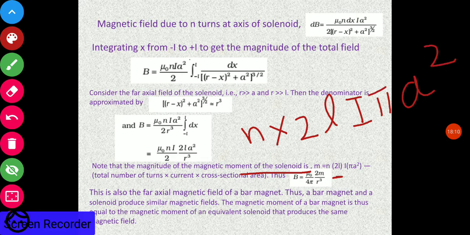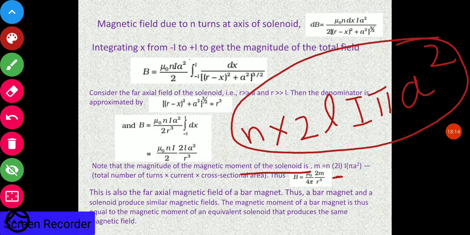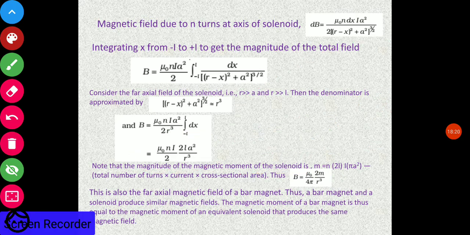This is the magnetic moment, so in place of this expression we can write M. Using this, after multiplying numerator and denominator by 2 and reducing, B = μ₀/4π times 2M/R³.